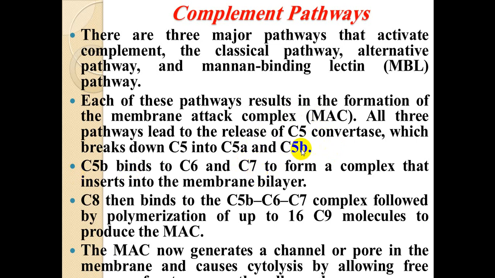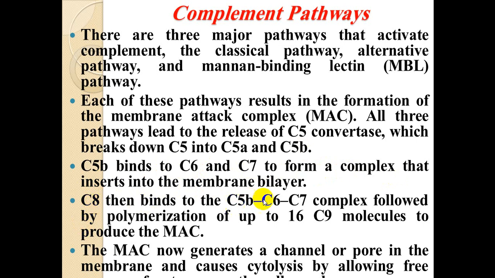C5b is considered the start of the formation of the membrane attack complex. So C5b will bind to C6 and C7 to form a complex that inserts into the membrane bilayer.